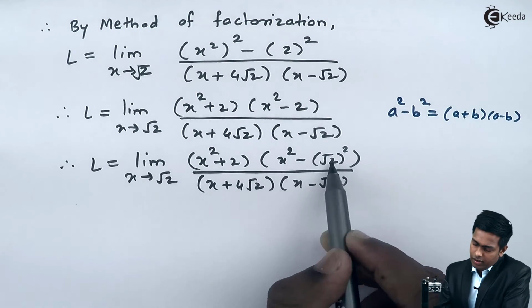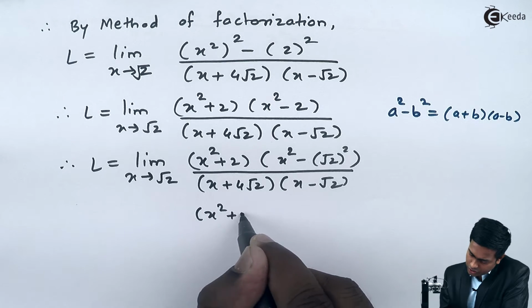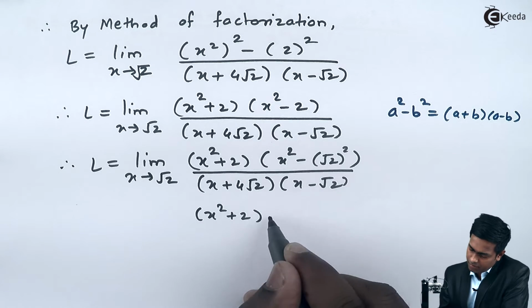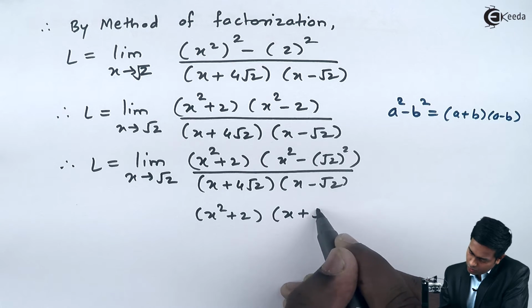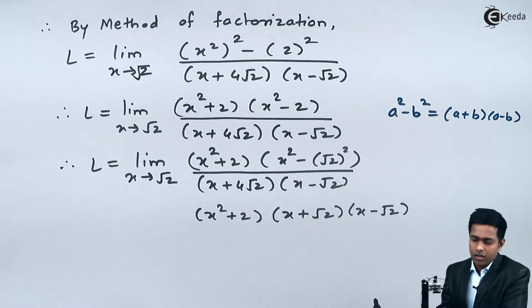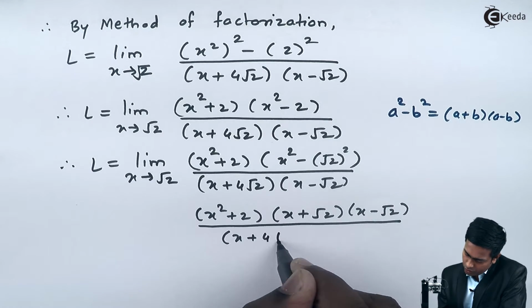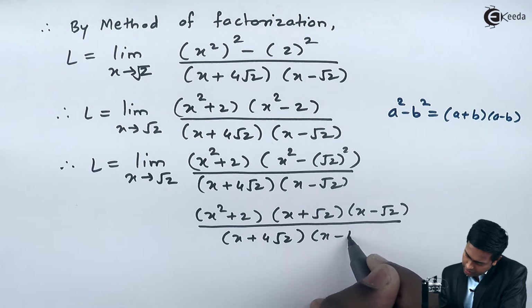Now if we apply this formula, we will get x square plus 2 as it is, and this will become (x plus root 2) and (x minus root 2). Similarly, the denominator is as it is, that is (x plus 4 root 2) and (x minus root 2).